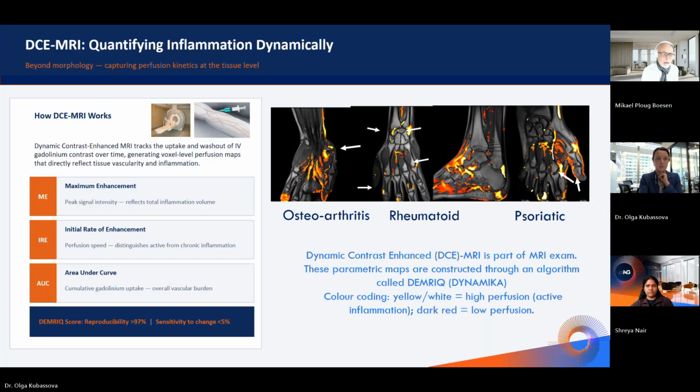Next slide. And this is why, Olga and I, during our PhD, co-developed a methodology that could, once you have given the contrast and while you are giving the contrast, make fast T1 images of the same area, and then make a time series over the first 5 minutes of scan time that encapsulated where the contrast went, how fast it went there, and how much contrast every image voxel in the anatomy that you were looking at would take up over time.